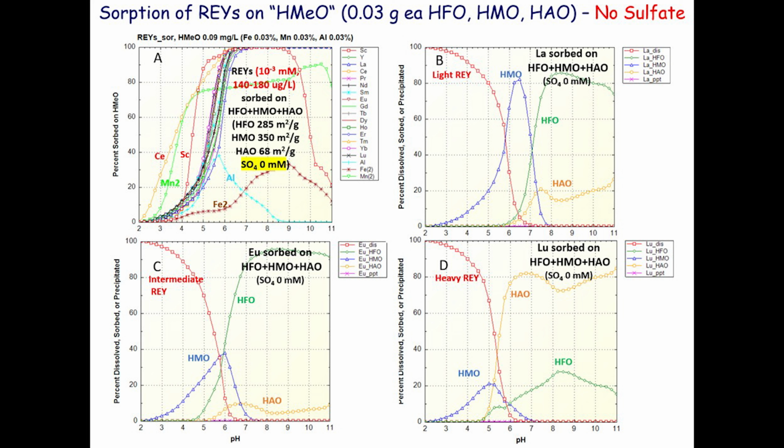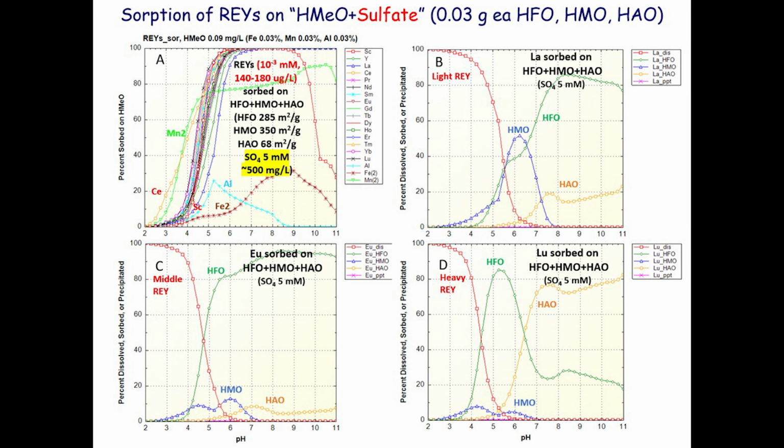But at a given pH, they could be associated with different phases that might be present in a mixed sludge or a mixed system. Now, when we add sulfate to this system at a fairly high concentration, 500 milligrams per liter, which is actually a typical number for mine water, especially in the bituminous area, we see a diminished importance of manganese absorbing lanthanum and an increased importance of iron.